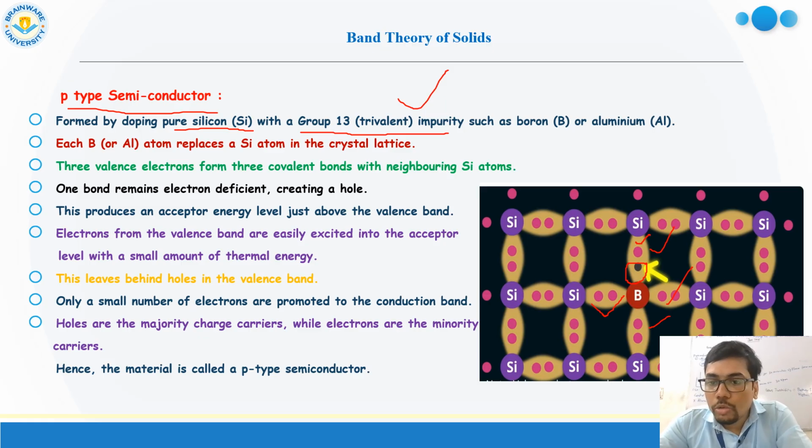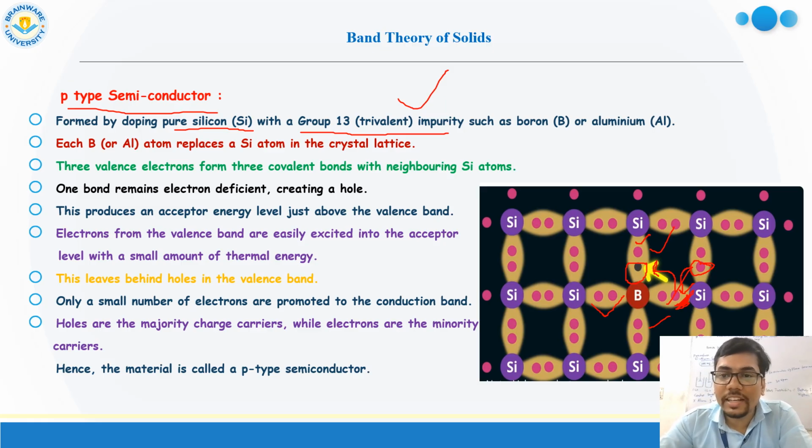Now to fill this hole, one electron from another two center two electron bond goes there. So a vacancy is created, and a hole is generated. To fill this hole, another electron from a two center two electron bond will move there. In such a way, there is a transfer of holes.